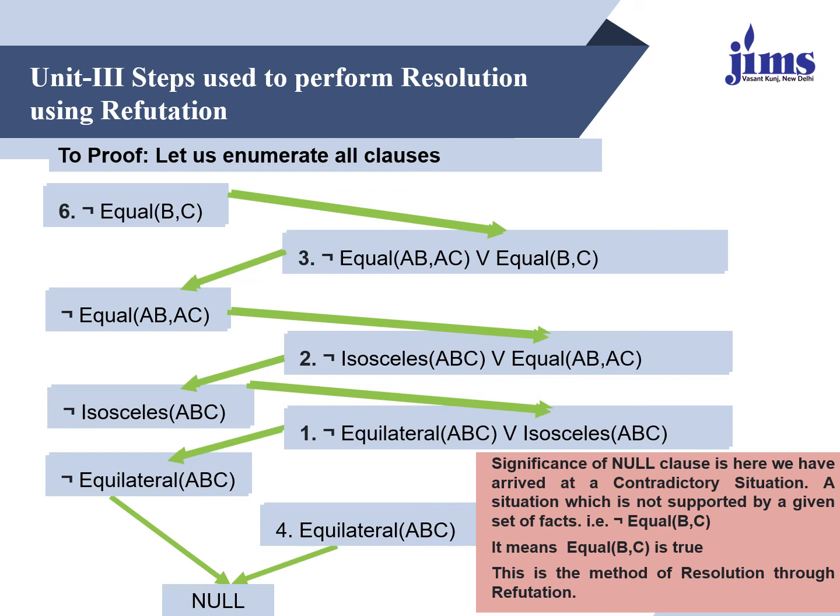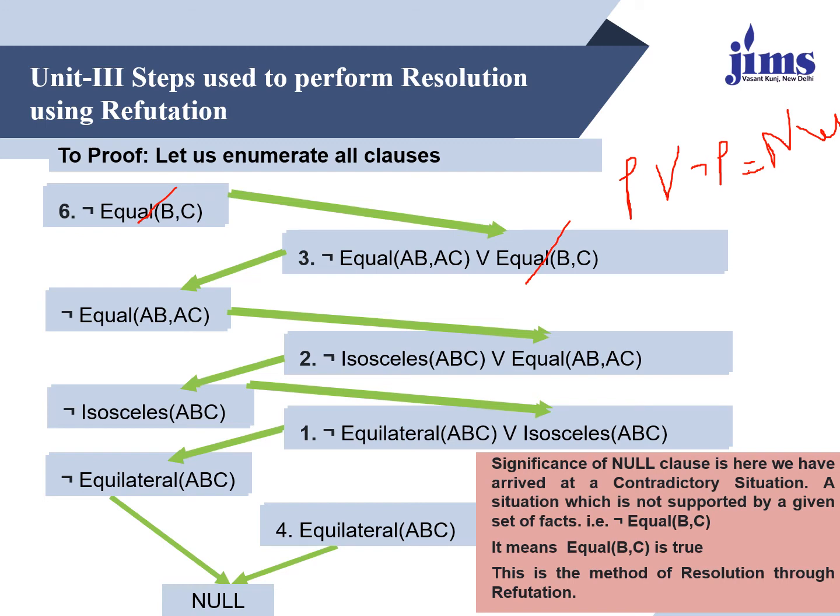Not equal AB, AC or equal B, C. So here we can cancel this because we know that P or not P equals null. So this will get cancelled. We are left with only not equal AB, AC.